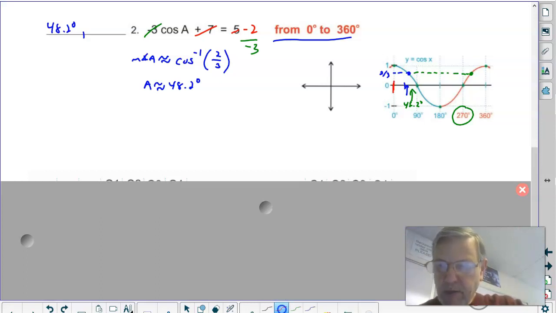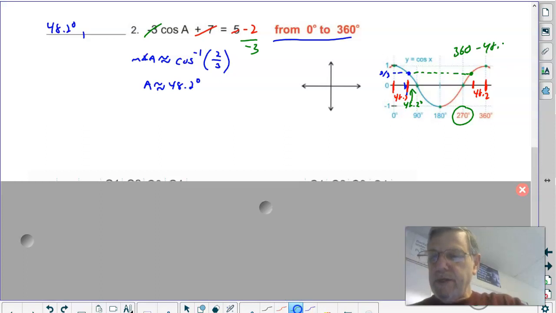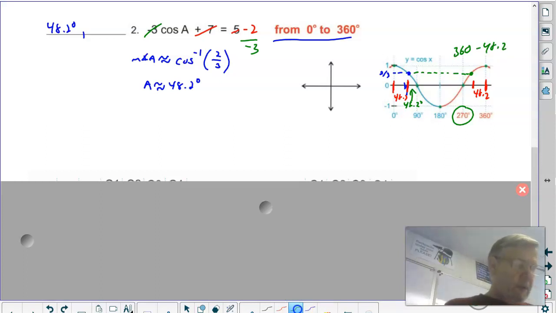From here to here is the 48.2. Do you follow? From here to here is the 48.2. So this value is going to be, let me go back to green here, 360 minus 48.2. All right, now we're good.